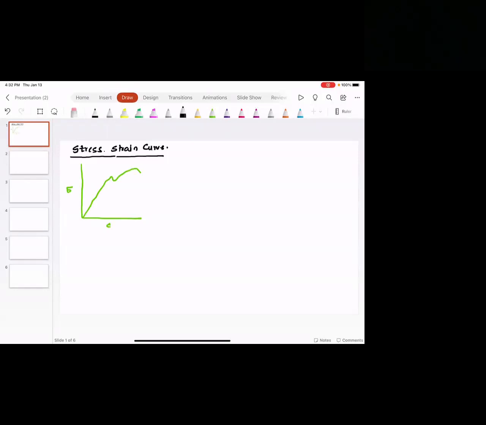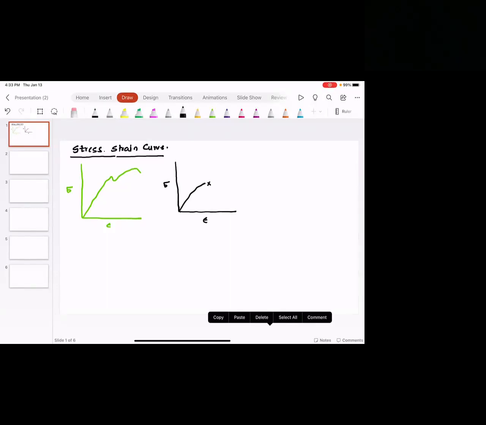If you were to stress a metal, ductile, or any type of metal very quickly, you are not going to get a stress strain curve of this type. You are going to get something like this.